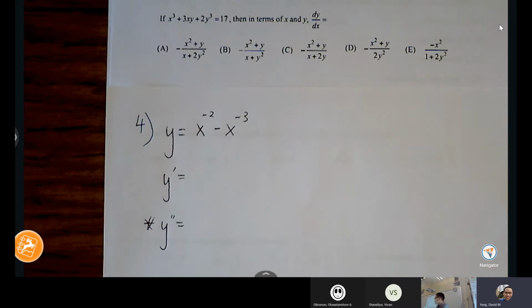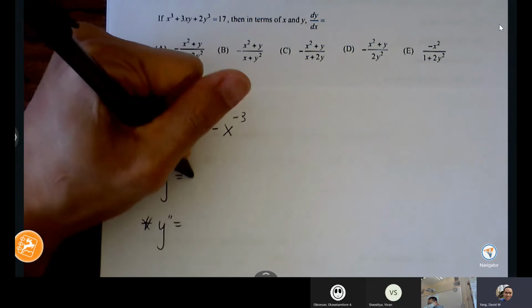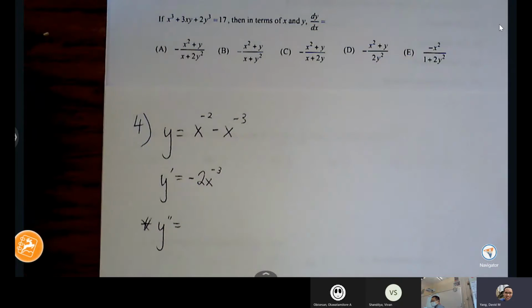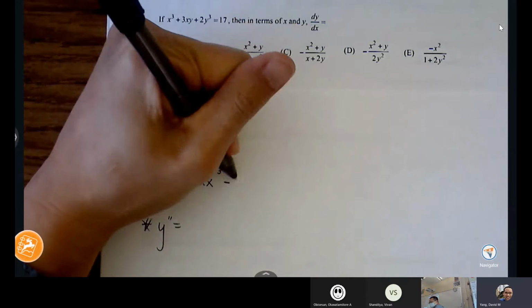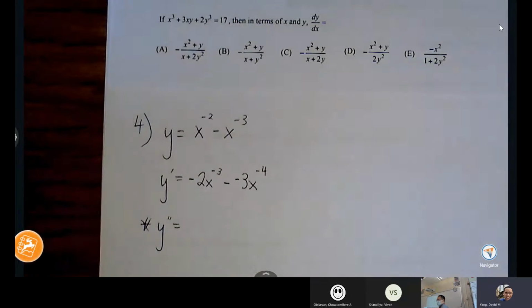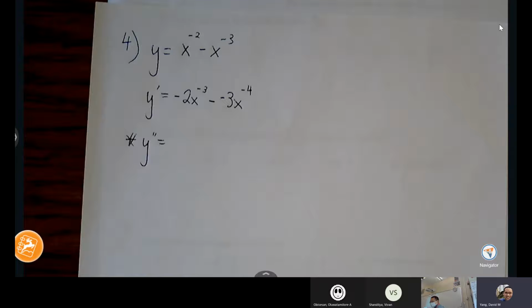Okay, so y prime, go through power rule. All right, keep going.